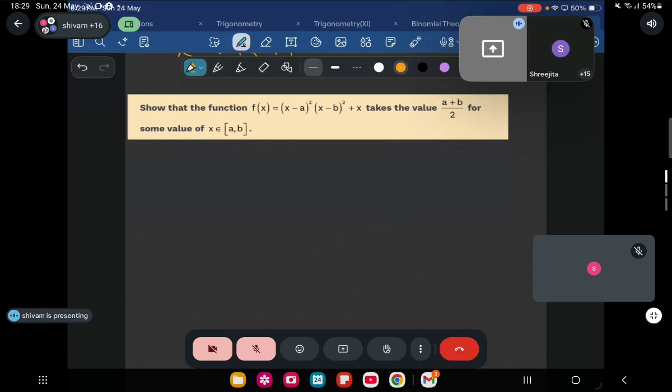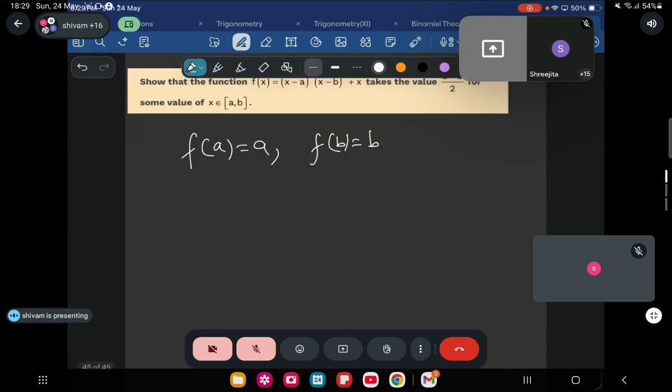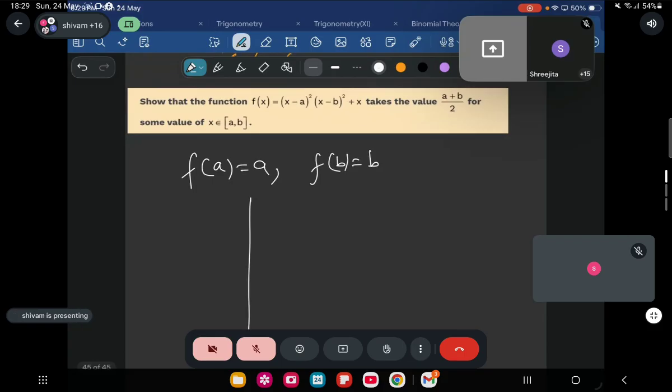So what is f of a? f of a equals a. And what is f of b? f of b equals b. Okay. So how will the graph look?